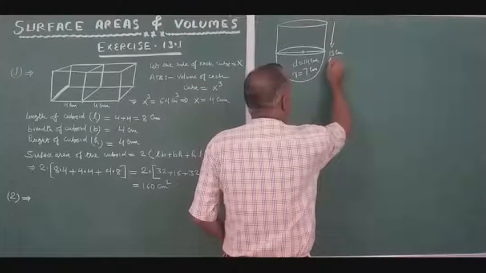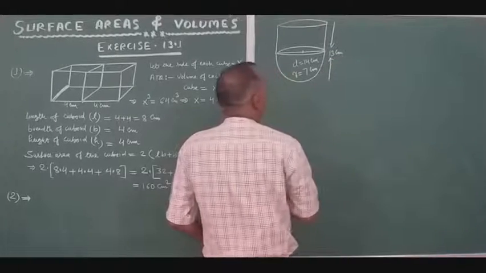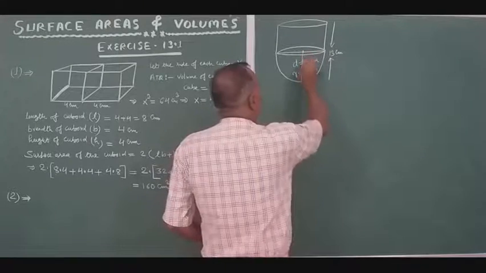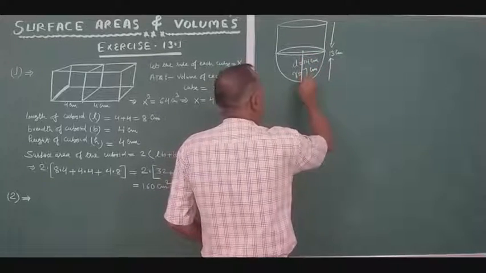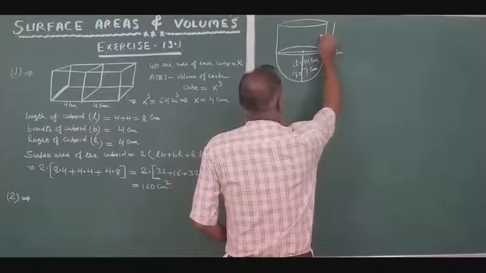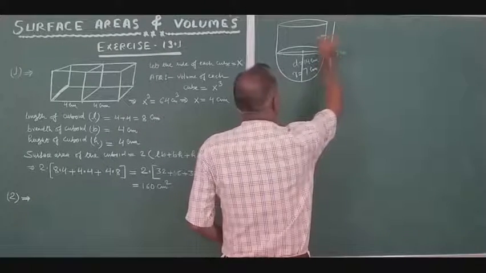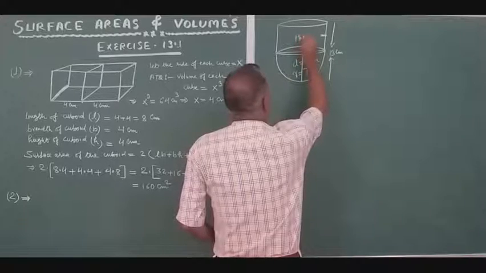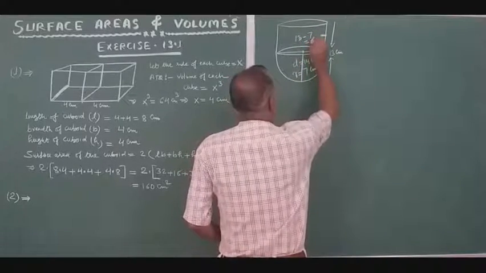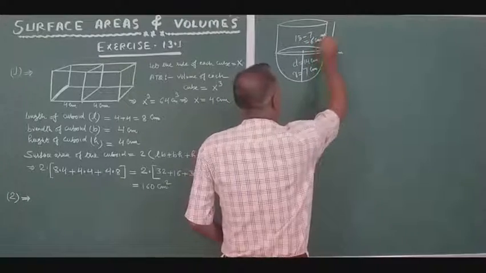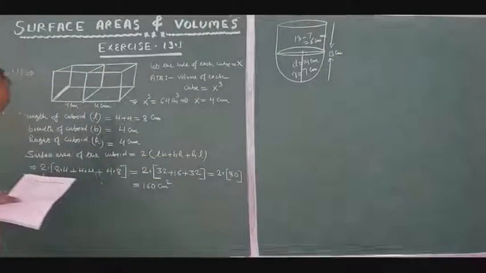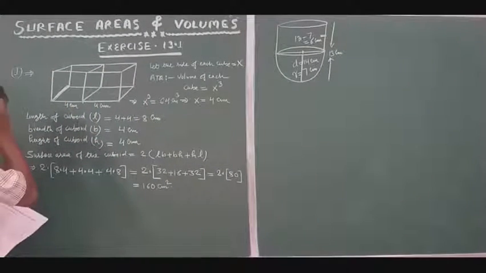Now this is a hemisphere, so this length will also be 7 centimeter. Therefore, the height of this cylindrical portion will be 13 minus 7, which is 6 centimeter. What you are given: diameter of the hemisphere is 14 centimeter.